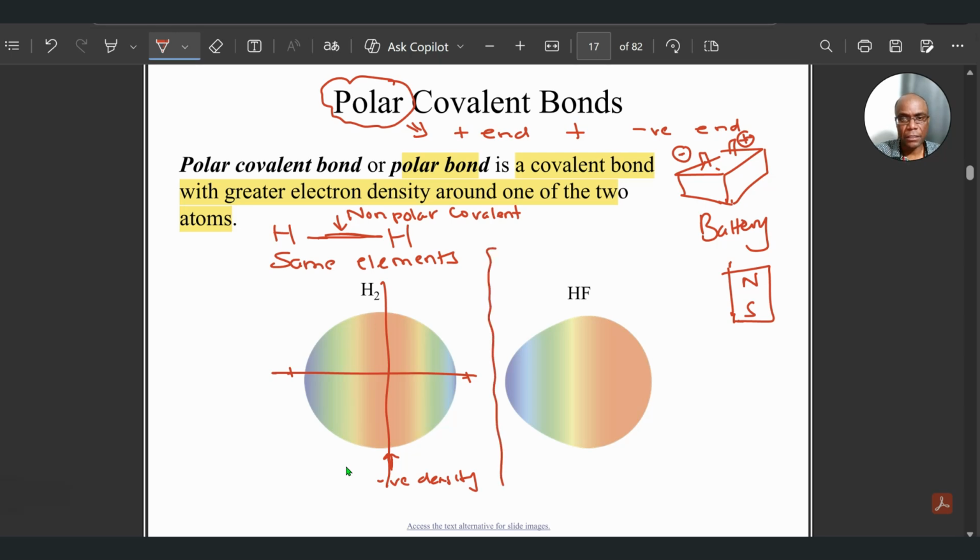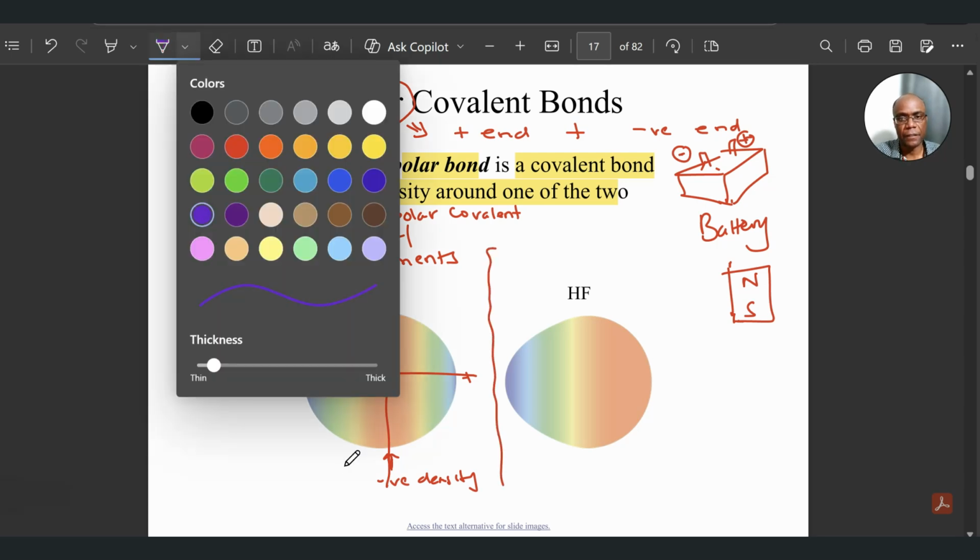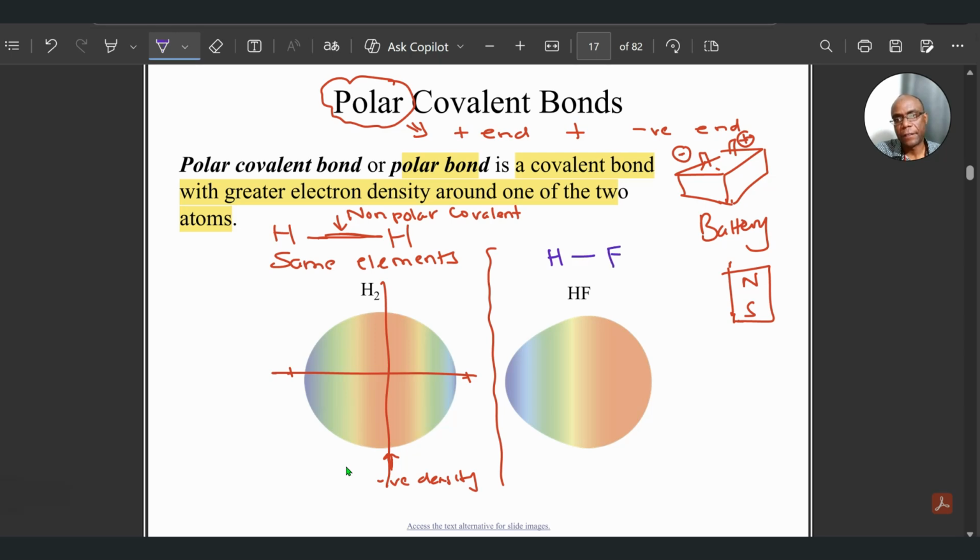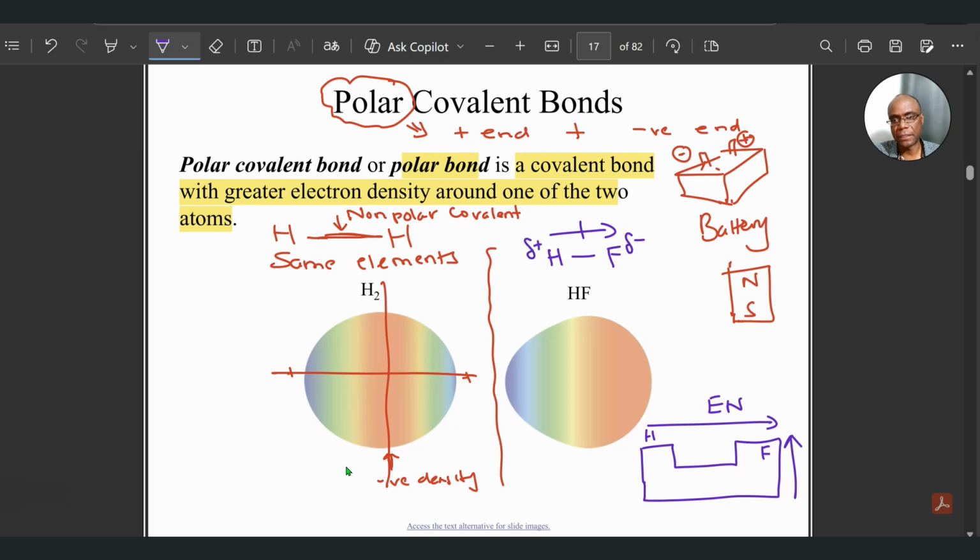In contrast, if you focus on HF, hydrogen fluoride, we talked about the trends in electronegativity. We say that electronegativity increases left to right, down up, fluorine being the most electronegative. Hydrogen is somewhere here. Fluorine is farthest to the right. So we expect polarity to be facing the fluorine, and that will be partially negative while this is partially positive.